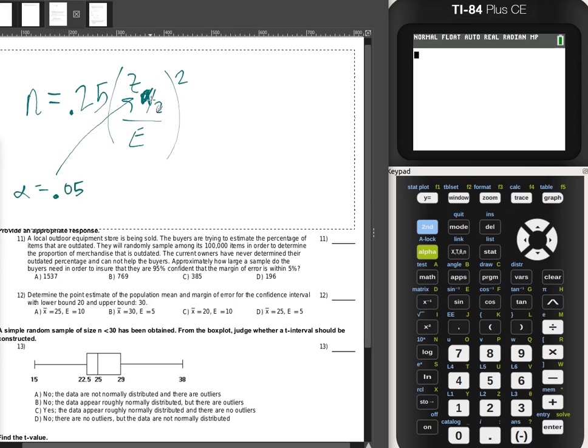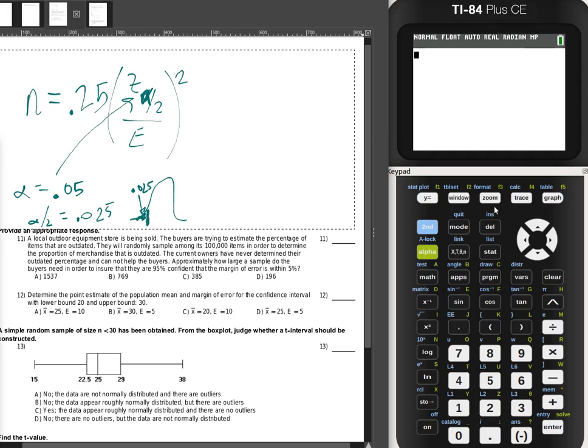Alpha over 2 should be 0.05 divided by 2, which is 0.025. So z alpha over 2 is the z-score that has an area on the left side of 0.025, because that's alpha over 2. So z alpha over 2 will be this z-score, whatever this one is.